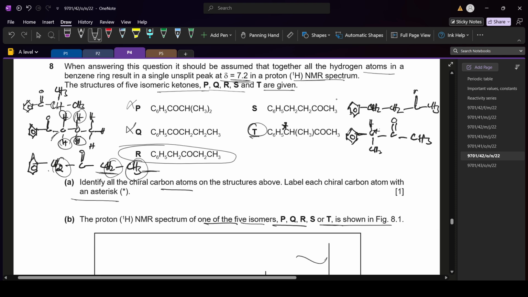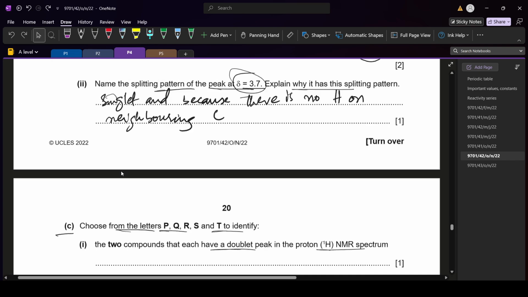Let's first see P. If you see this carbon, these hydrogens are attached to this. Let's draw these structures again, because otherwise you won't understand this.